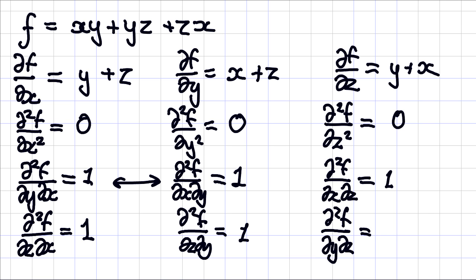There we get a 1 from the first term and a 0 from the second term because we're treating x as a constant. And we see again that the yz cross derivative and the zy cross derivative are the same, and also the zx cross derivative is the same as the xz cross derivative. So again we have consistent answers.